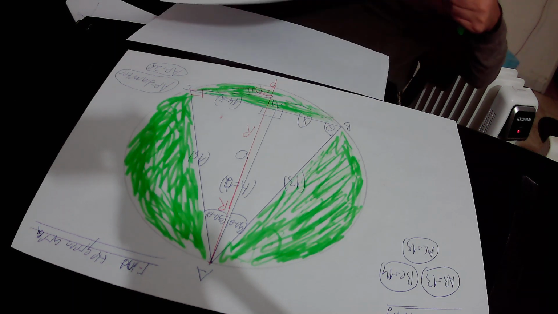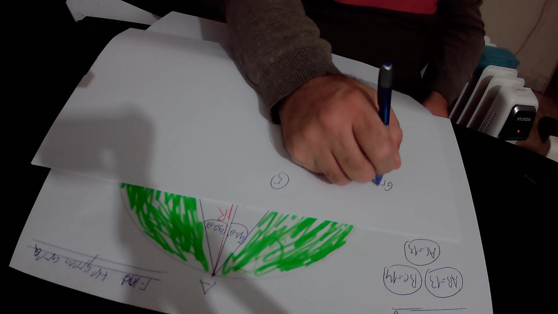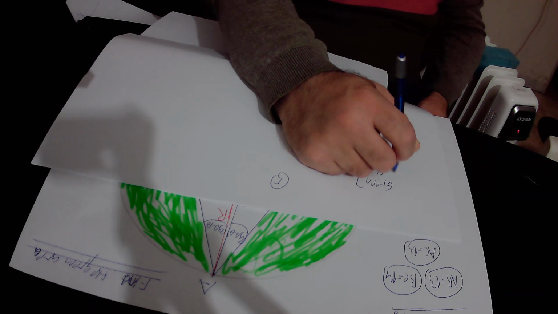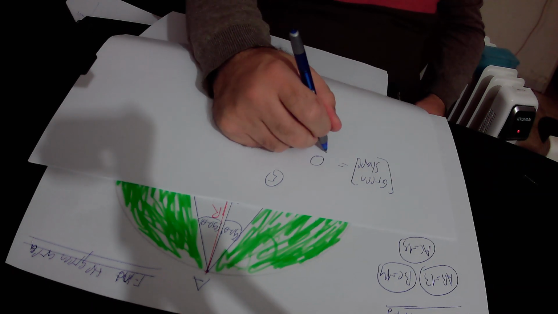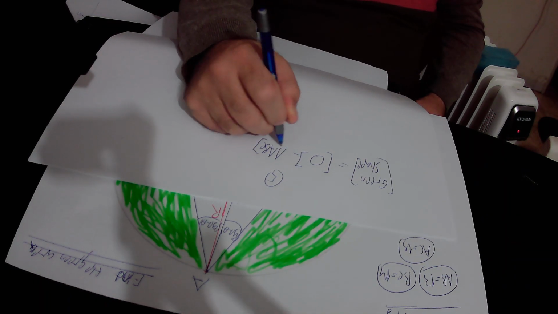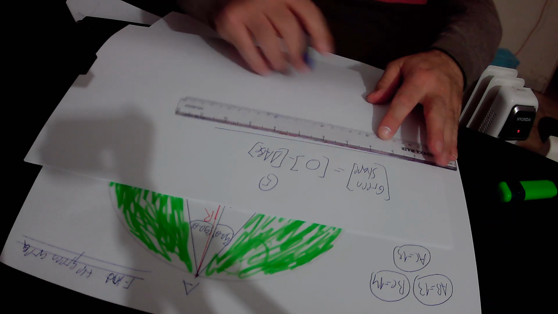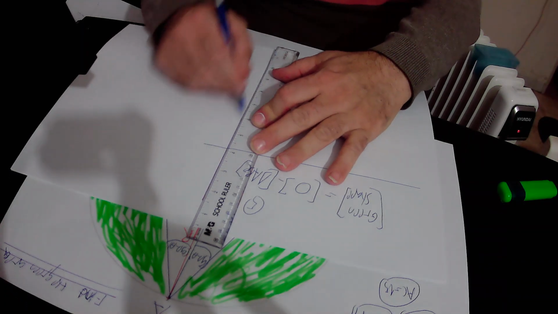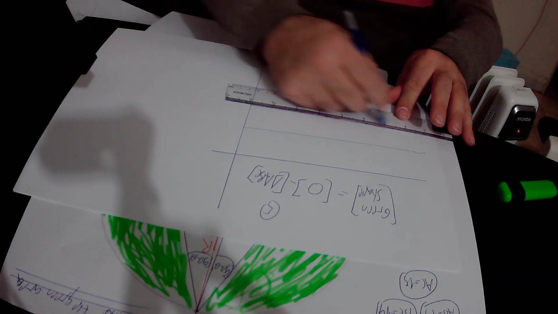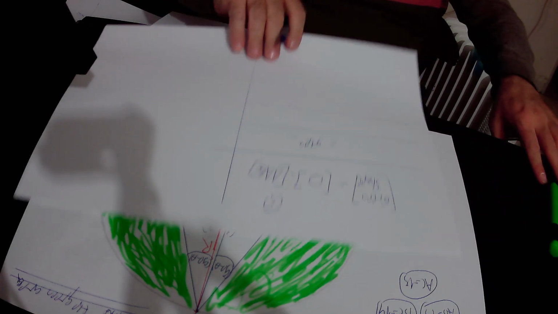The area of the green shape in total is equal to the area of the circle minus the area of triangle ABC. The area of the circle is pi r squared.